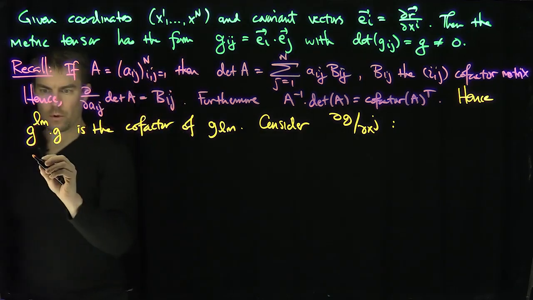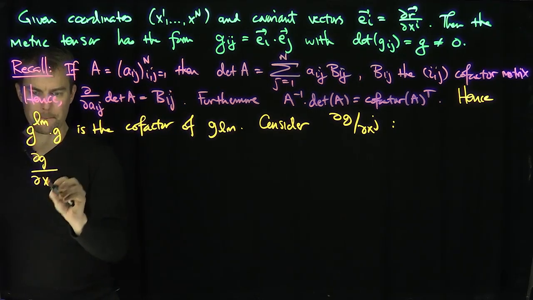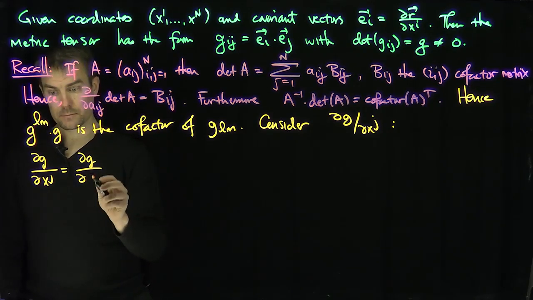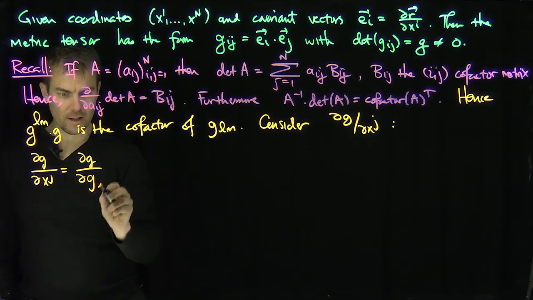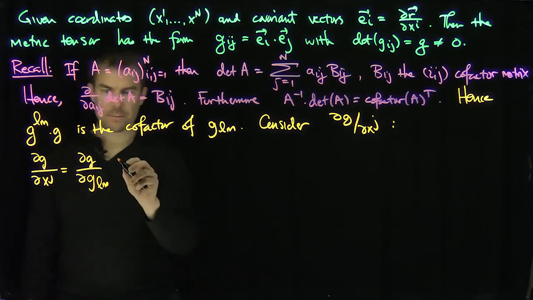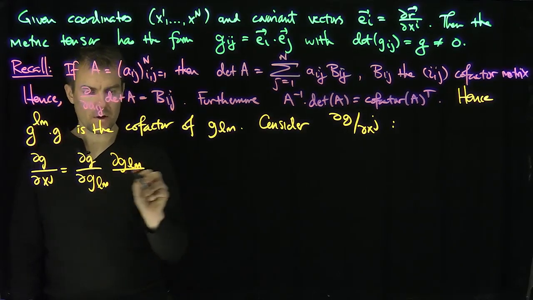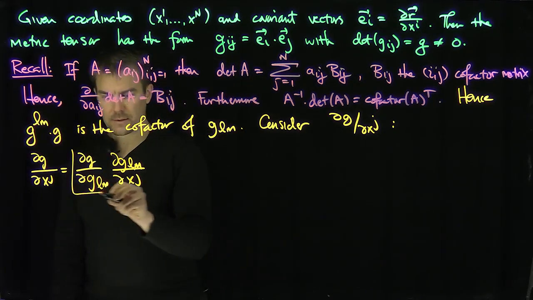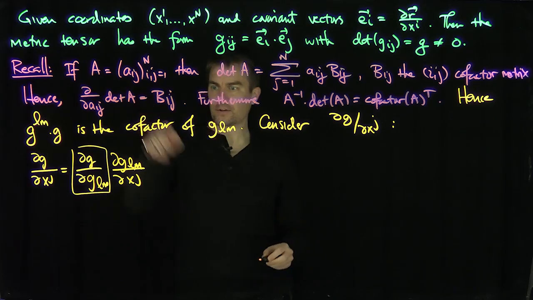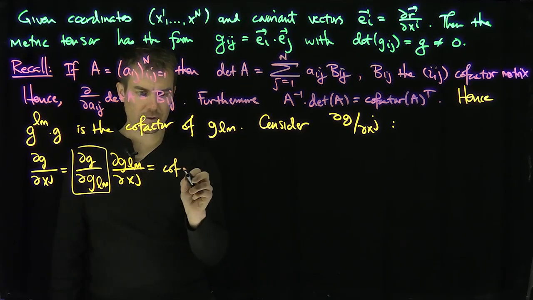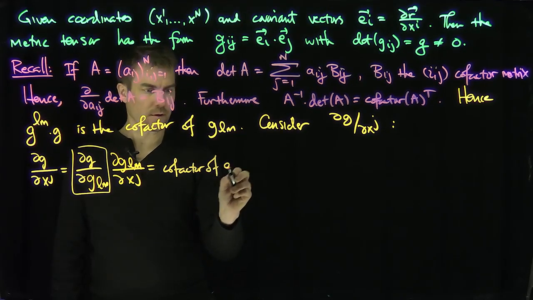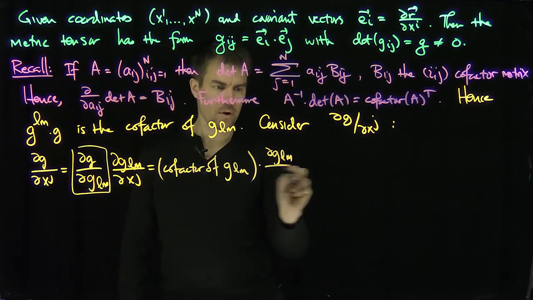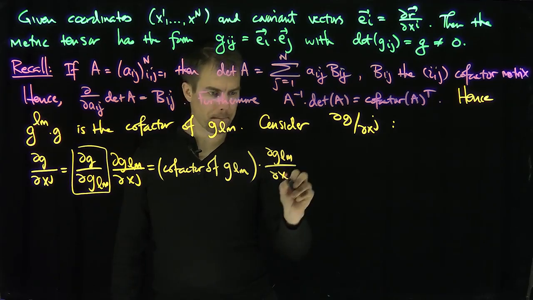So partial g, partial x_j is equal to partial g, partial g_lm, that number in the matrix, times partial g_lm, partial x_j, by the chain rule. Now this over here, we know what that is. That's the cofactor of g_lm times partial g_lm, partial x_j, right?